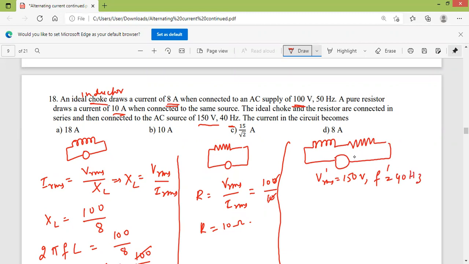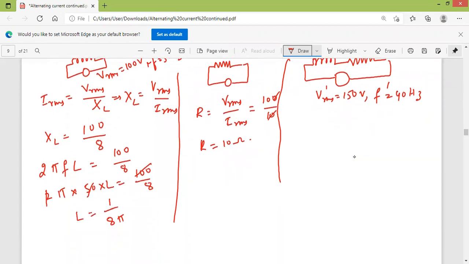Earlier it was connected to 100 volt and 50 hertz. Now it is connected to 150 volt and 40 hertz frequency. Now the current IRMS.